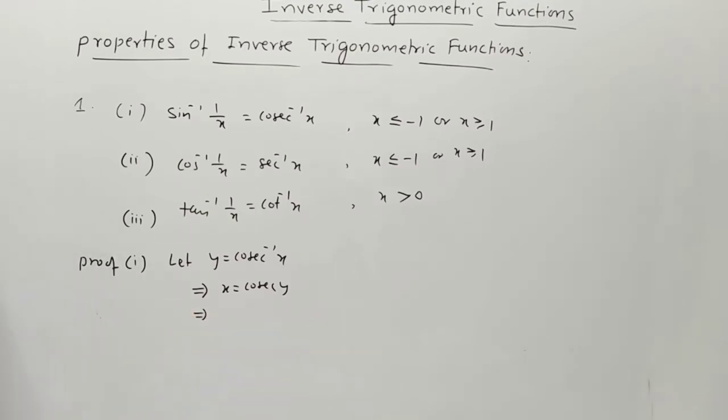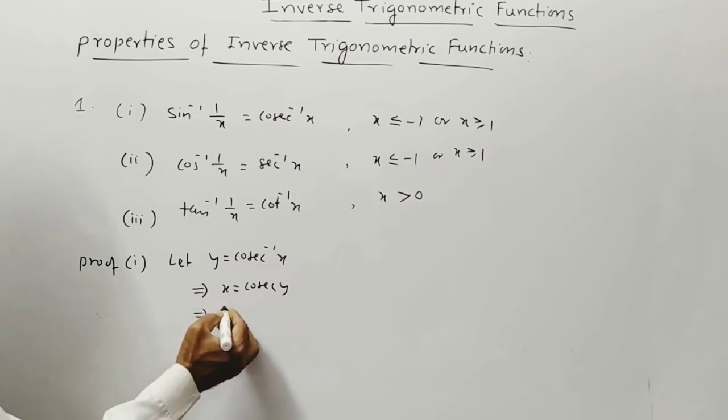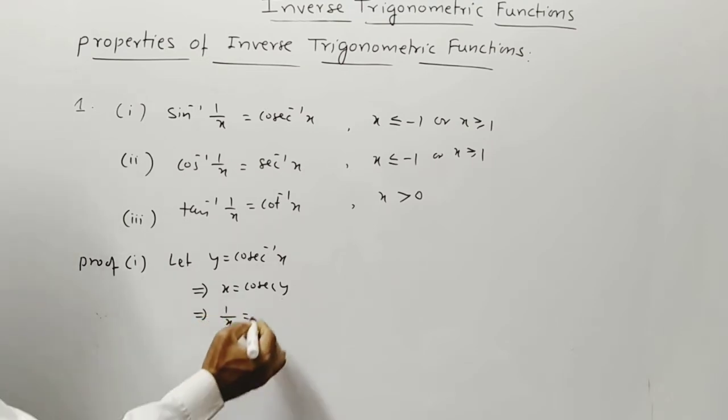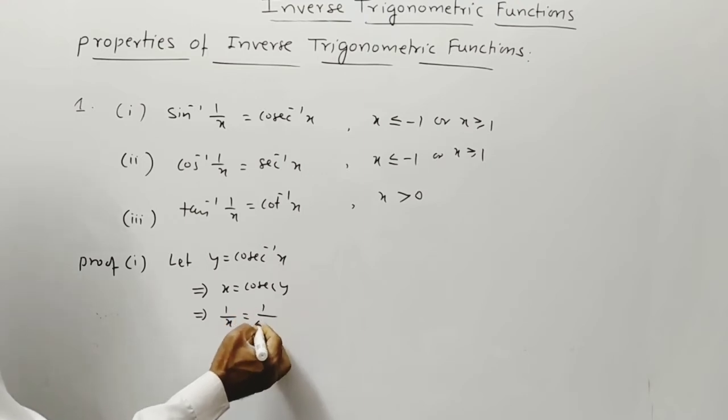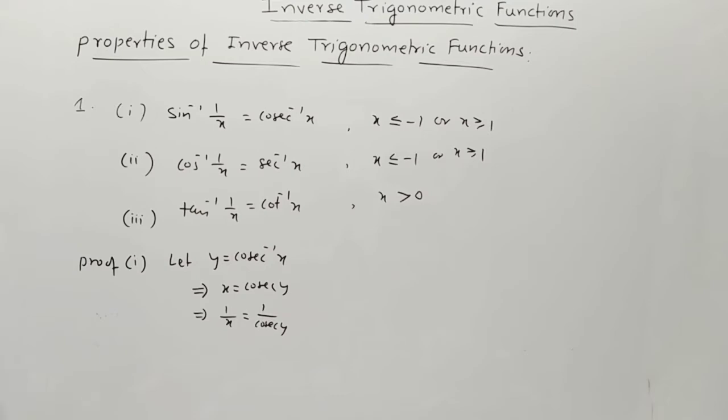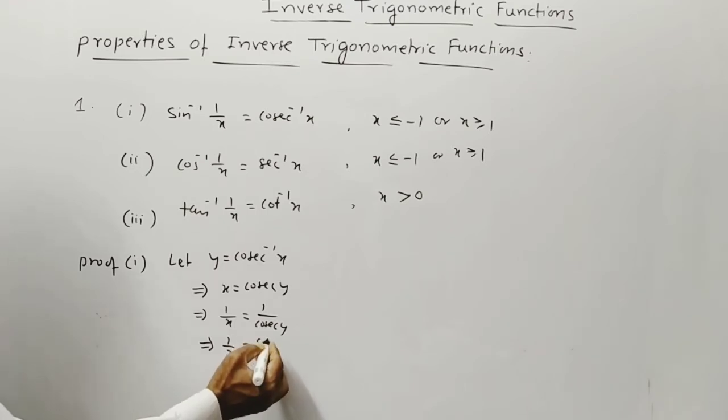This implies 1 by x is equal to 1 by cosec y when you take reciprocal. This implies 1 by x is equal to sin y.